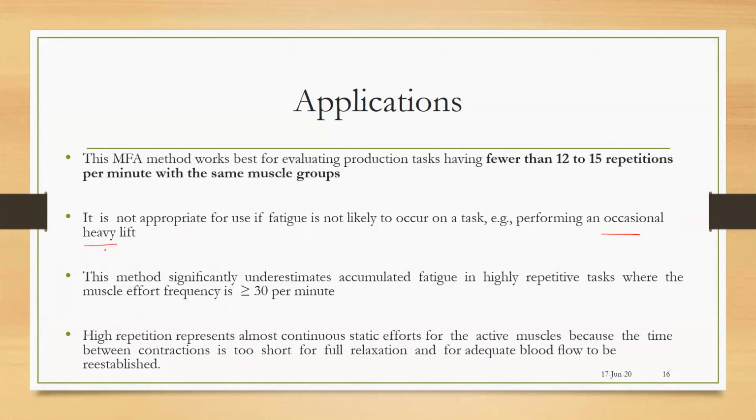And it is also not very suitable where frequency is greater than 30 per minute. So in that case, it underestimates actually the accumulated fatigue. So we can directly assign a score of 4 in that case. But that is the same score 4 even if this frequency is 40 or 50 or whatever.